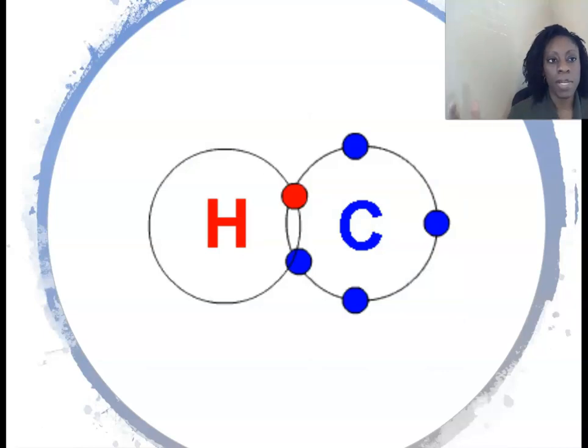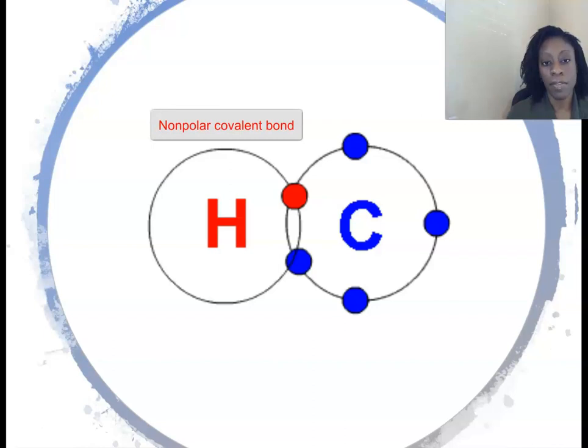So for instance, carbon and hydrogen, they form a nonpolar covalent bond, even though they're two different kinds of atoms, because the electronegativity of carbon is similar to the electronegativity of hydrogen. They're close enough that both of those atoms, even though they're different in size and have a different number of electrons, are pulling the electrons that they're sharing to an equal degree. So it's going to be a nonpolar covalent bond.